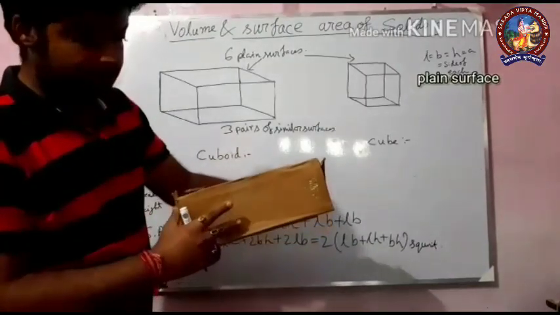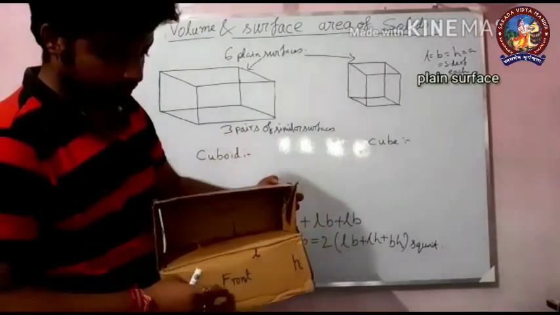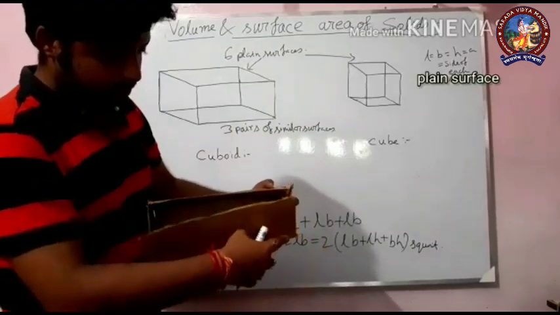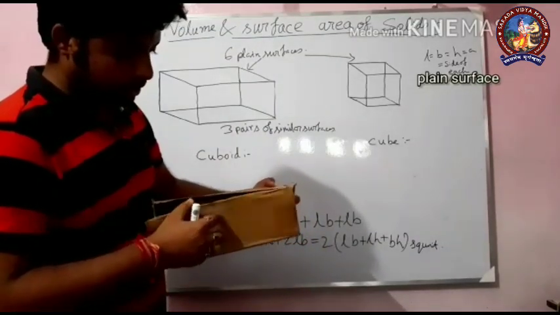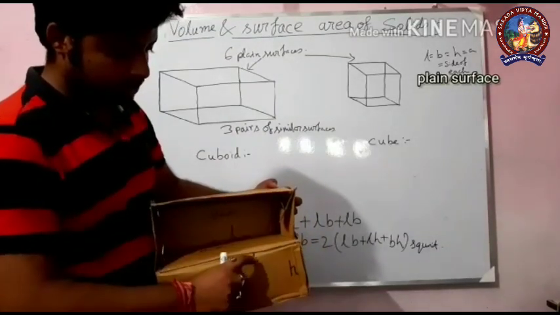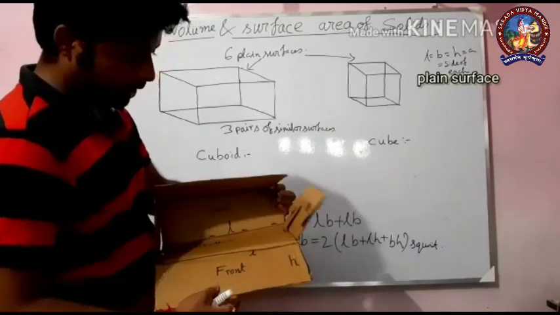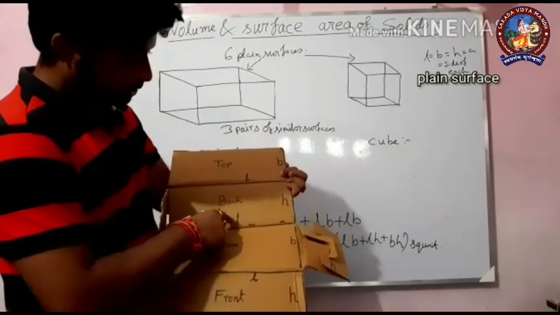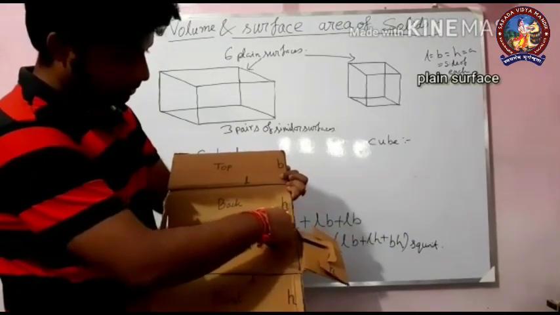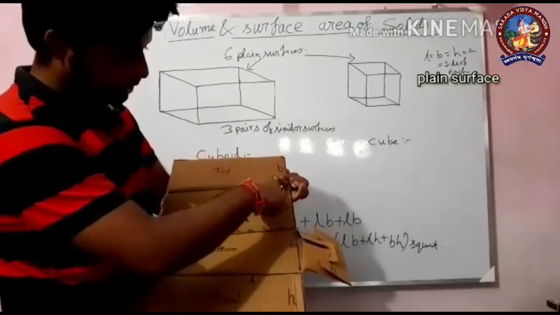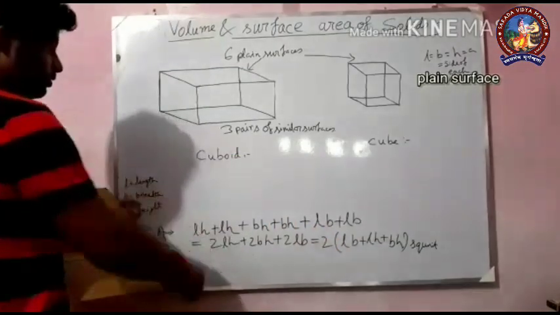This was the front surface. This was the length, right? And this was the height. So this is length into height. This is the front surface, so the back surface will be this, with exactly the same dimensions, length and height. So 2LH are there.